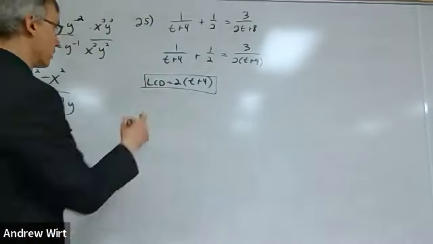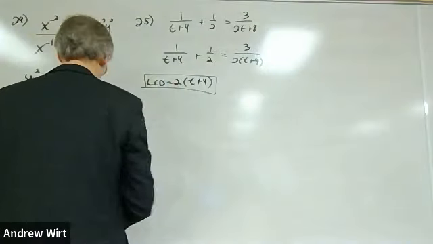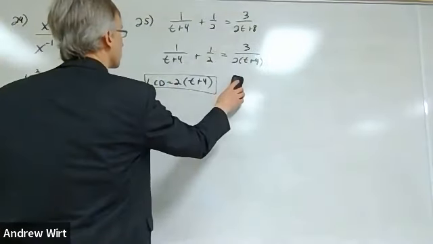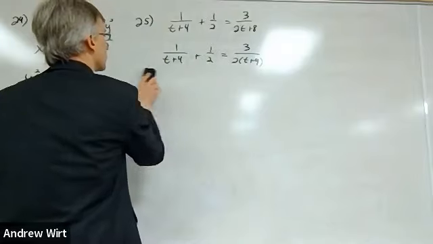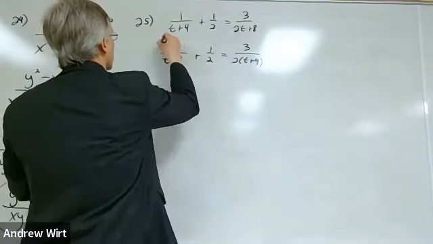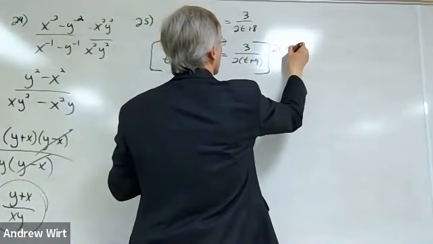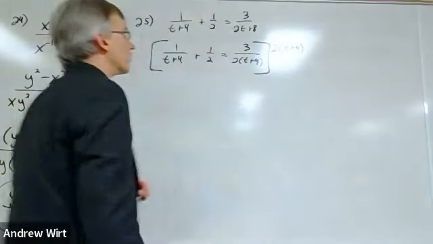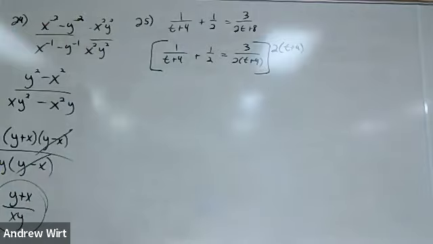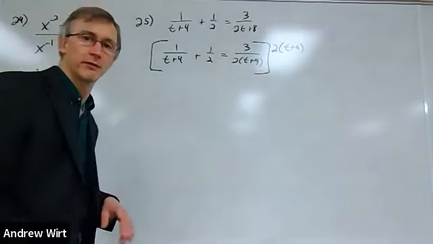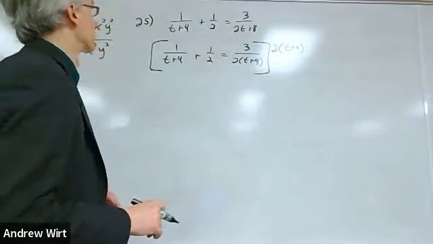Let's just multiply by it. Now we can multiply by 2 times t plus 4. That will eliminate all 3 fractions at once.